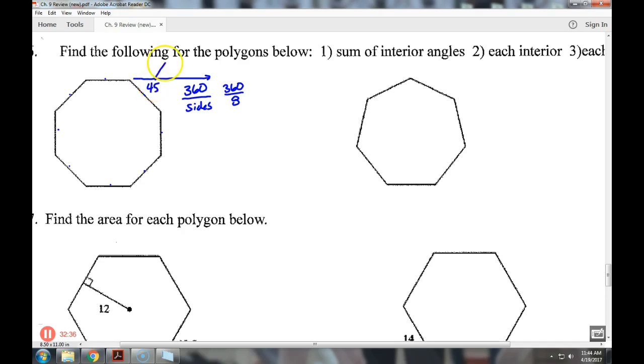So this is the exterior angle. Now the interior, I do 180 minus the outside, and that gives me the interior. And now if you want the sum of the interior, it's 135 multiplied by 8.